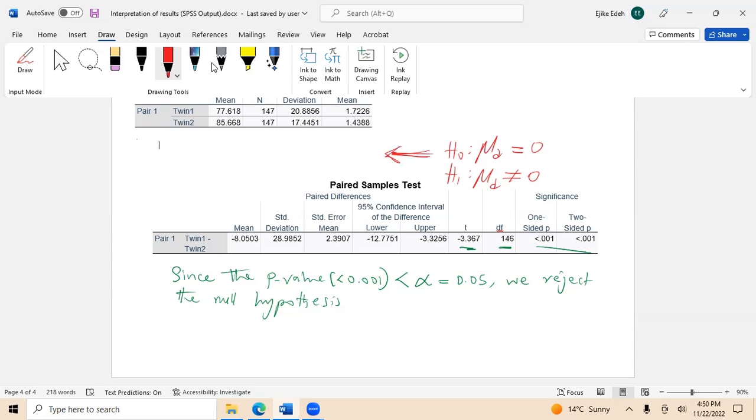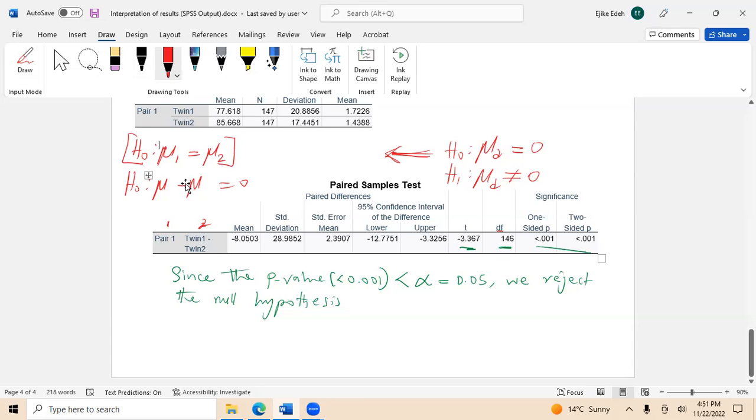You could write it as H naught: the mean of group 1 is equal to the mean of group 2. If these two are truly equal, a simple way to write it is H naught: mu of group 1 minus mu of group 2 is equal to 0.